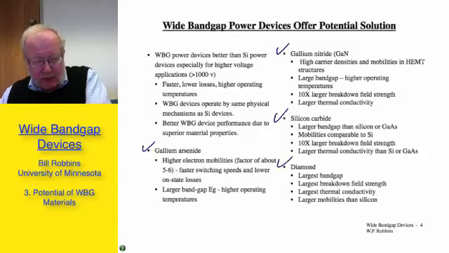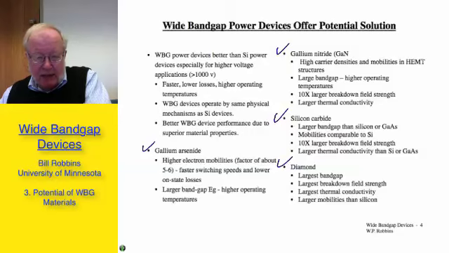You can read for yourself the qualitative statements that are shown here as to why they are of interest. Particularly gallium nitride and silicon carbide are of interest because they have significantly larger band gaps, which means higher operating temperatures, their thermal conductivities are better, and most importantly, they have much larger breakdown field strength. Of the four materials listed here, diamond is probably the most ideal.